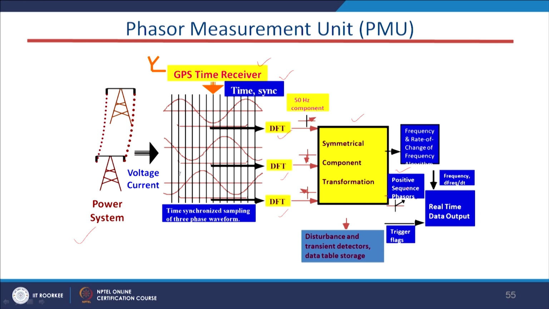Using that we get positive sequence components, and further also negative and zero sequence components, and then we can also calculate the rate of change of frequency. Further, we can apply this for real time applications or disturbance or transient recurrence, whatever applications we want to do, using this data.